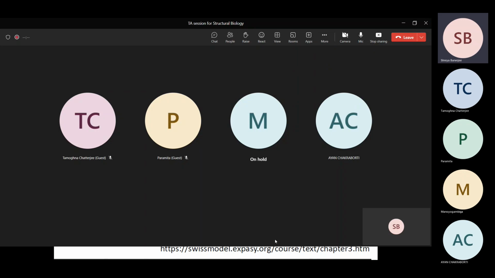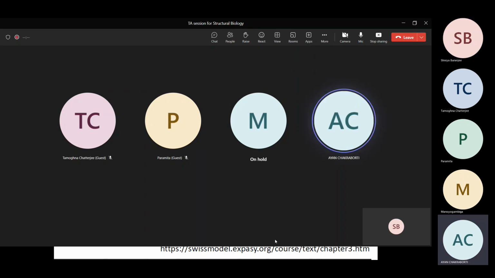Yes, I actually want to learn more about whether there is any in-depth grouping of the molecules discovered, the molecules we know till date.